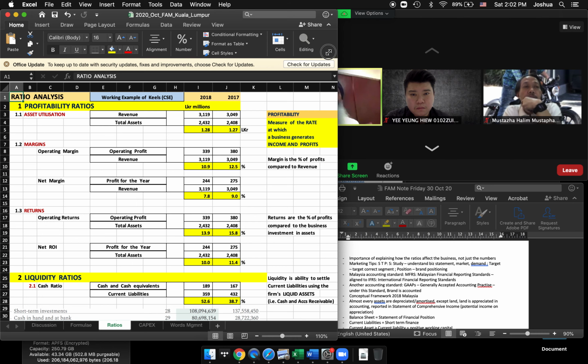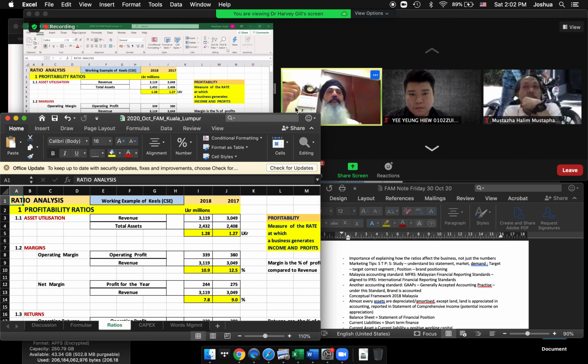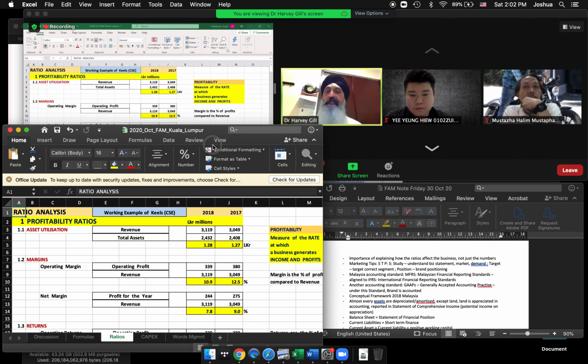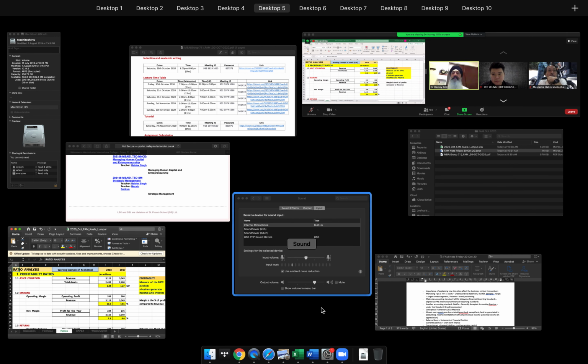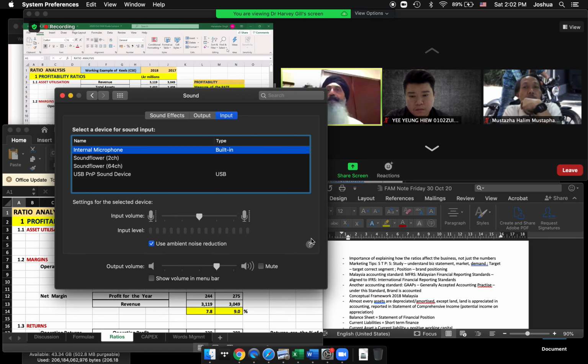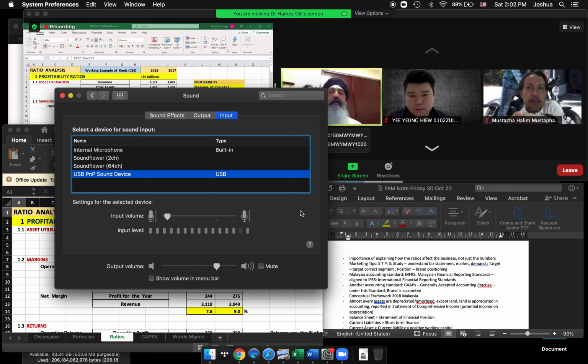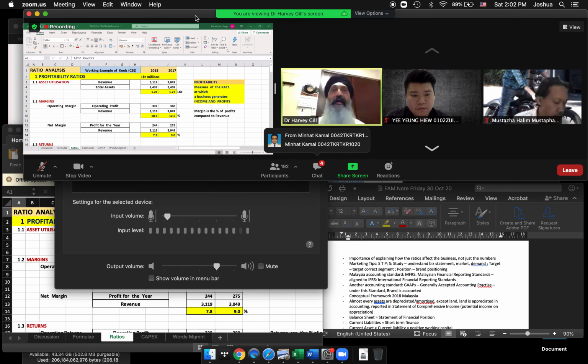Who else put money into the business? The money that shareholders put in, we call equity. The money that other people put in, we call liabilities. Equity and liabilities become the total money, and then we show how we actually use this money to buy assets.